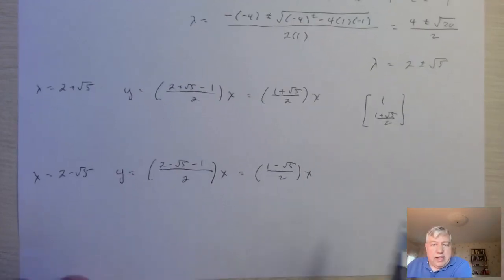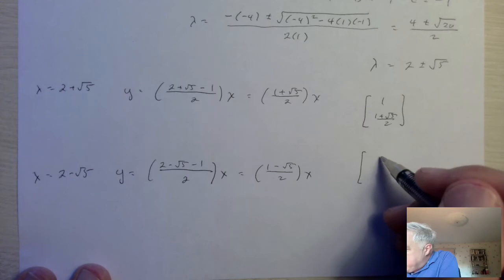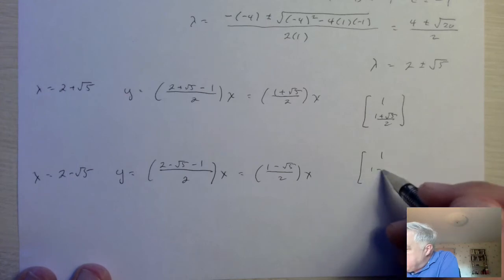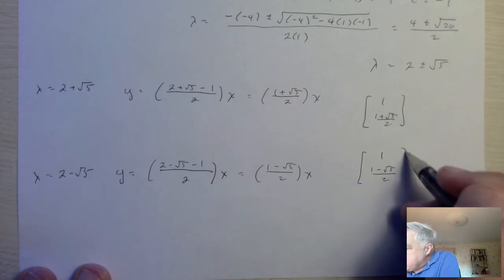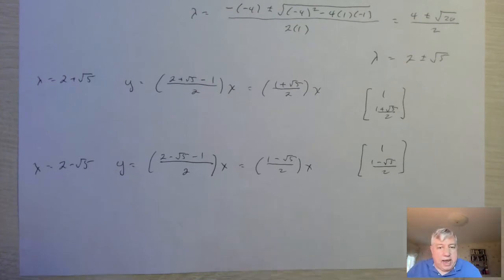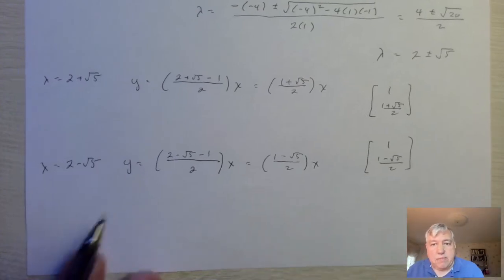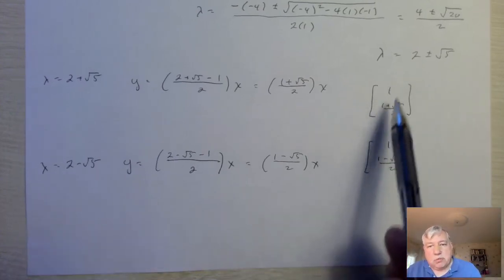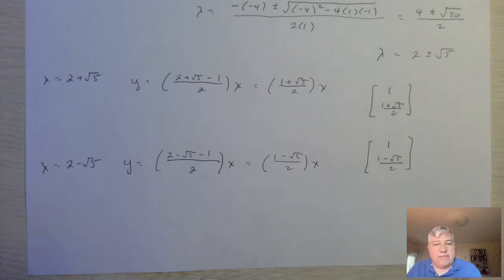Once again, we can let x equal 1, and an eigenvector will be 1 over 1 minus the square root of 5 over 2. So that's a perfectly good eigenvector. Okay, there are many others. Obviously, any scalar multiple of these eigenvectors will also be eigenvectors. You can convince yourself, or we can prove it later.